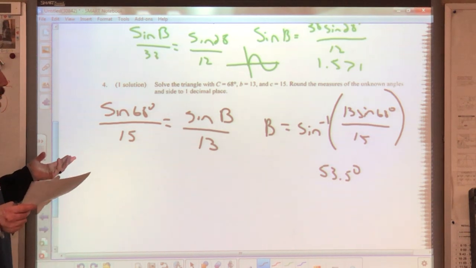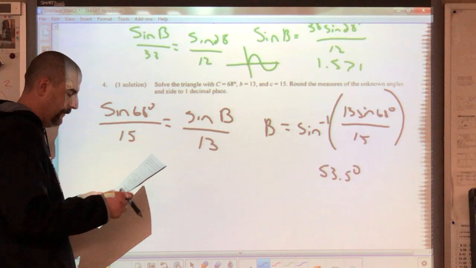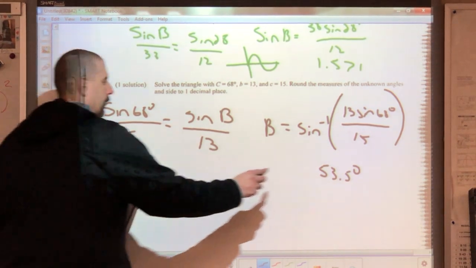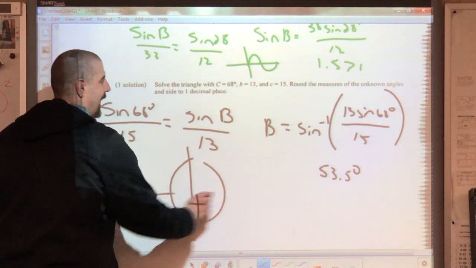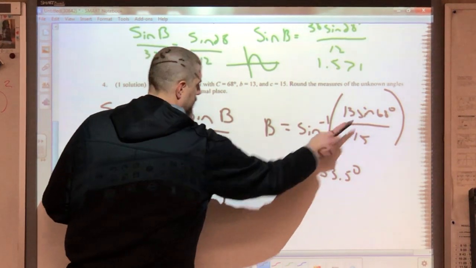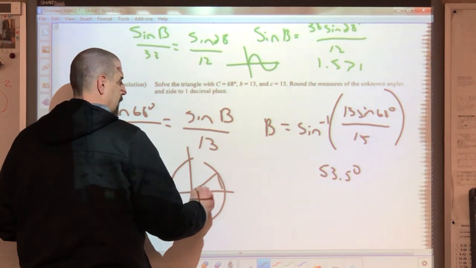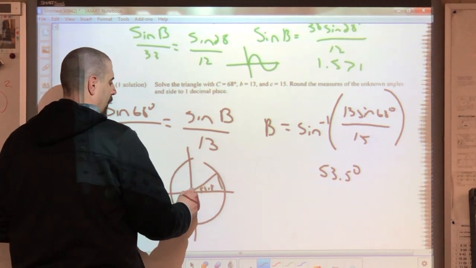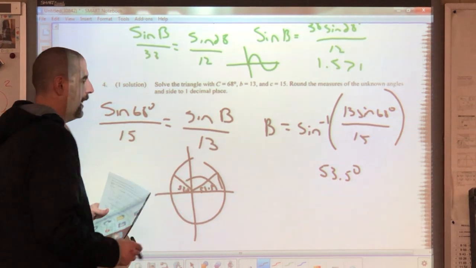Now, why is this two answers? Well, I'll show you. You have to check when you take inverse sine. Remember, inverse sine, if sine is positive, which this is, can be in two quadrants. So if I tell you this is 53.5, what other quadrant do you want to be in? So we want to find that angle.